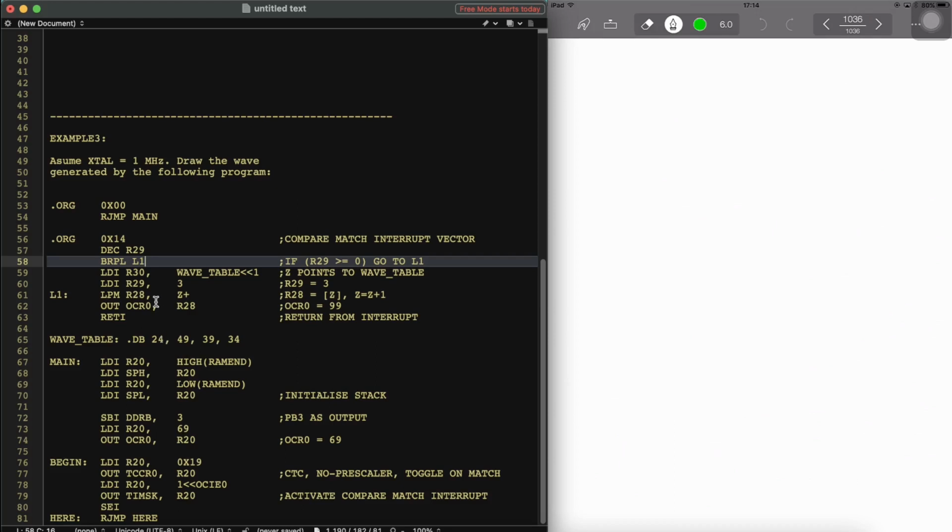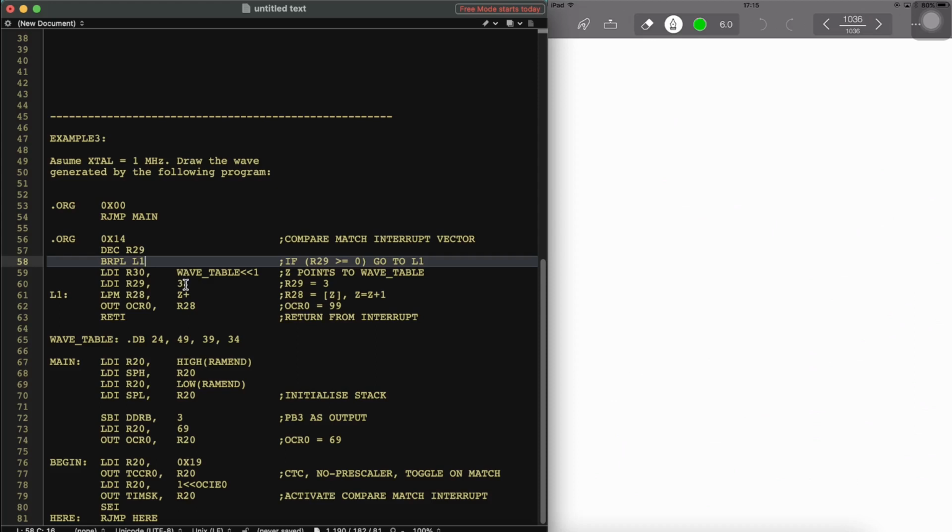And as we are jumping over here, we exit from the interrupt, and then we carry on like that until we reach 24. Whenever we reach 24, we jump into an interrupt again. Now we have to decrement R29 because R29 is set to 3.